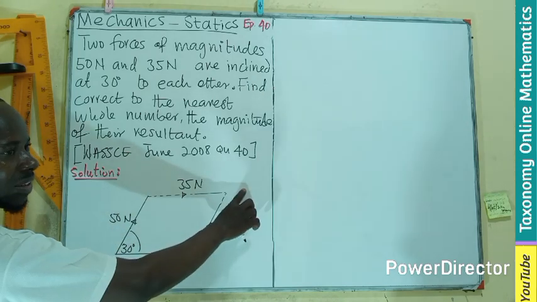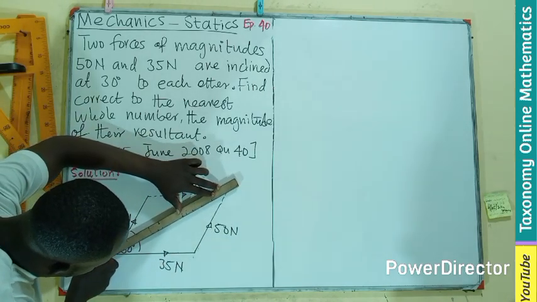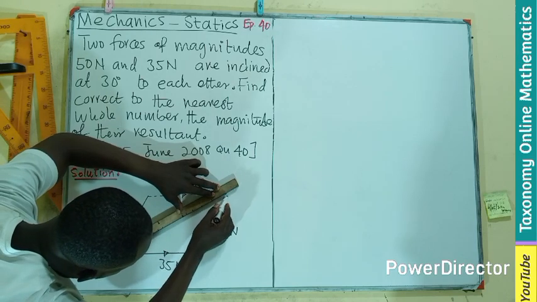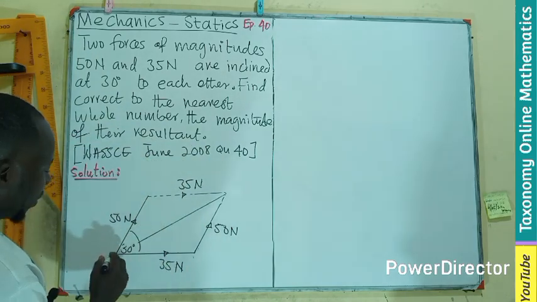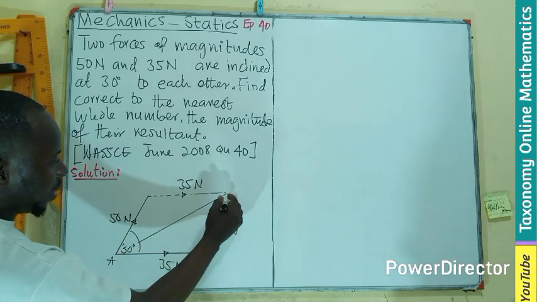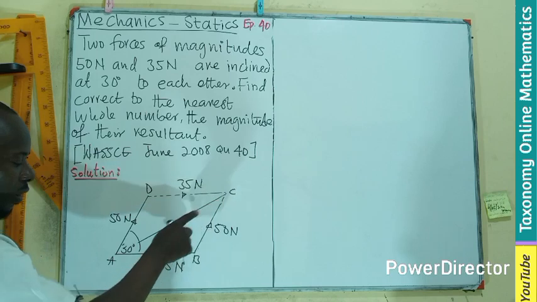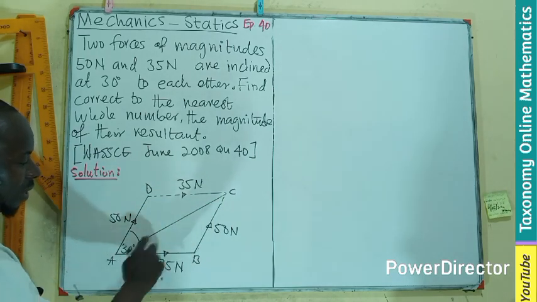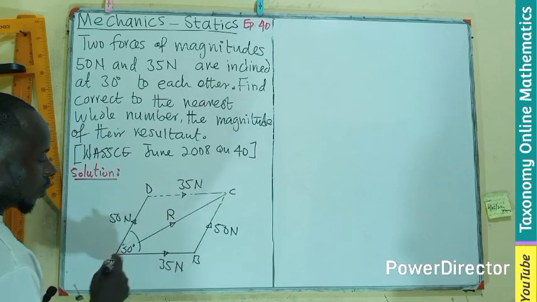We need a resultant, as in the direct movement here without passing through the corner here. So if I put A, B, C, D here, moving from A to C without passing through B is the resultant force we are referring to. So this is the resultant force.